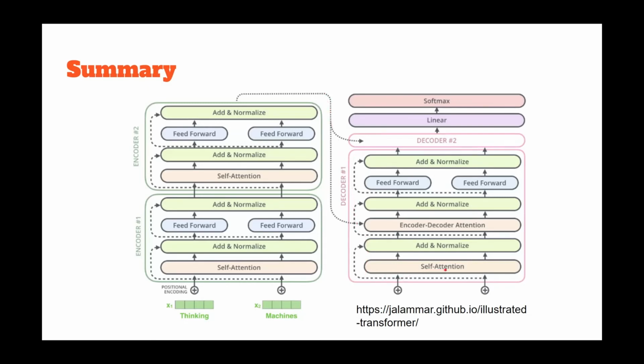In each decoder layer you have self-attention, add and norm layers, and encoder-decoder attention. At last, the output from the last decoder layer is passed to the linear layer, and from the linear layer you get the logits. The logits are sent to the softmax, and the softmax layer gives you the probabilities. Based on the highest probability score of a particular word, you predict that word as the next word. So that's all. This is the summary of the overview of the transformer architecture.